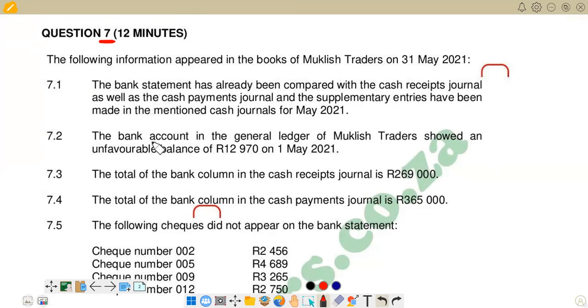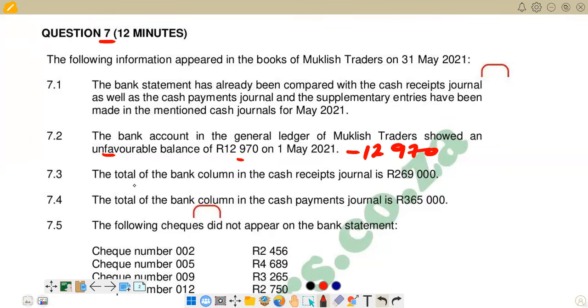Then on 7.2, the bank account in the general ledger of Muklish Traders showed an unfavorable balance of 12,970. What does it mean? When it's unfavorable, it means this balance is a negative balance. So we are going to have a negative 12,970 as a balance.